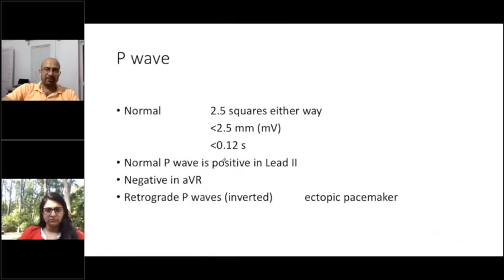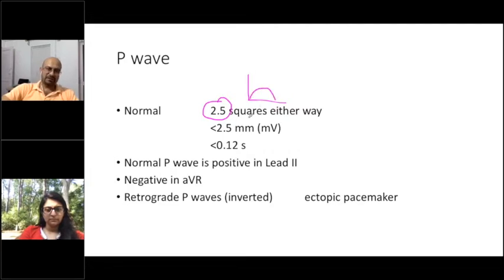Let's talk more about P wave and PR interval. So a normal P wave should have about 2.5 squares either way. That means horizontally and vertically. So if it's within 2.5 squares, then it is normal.